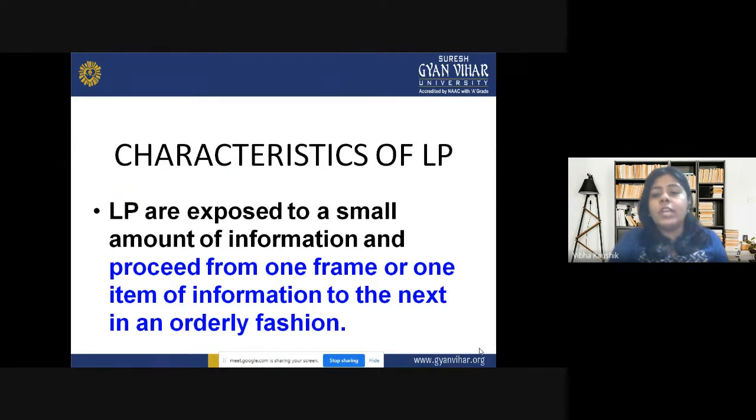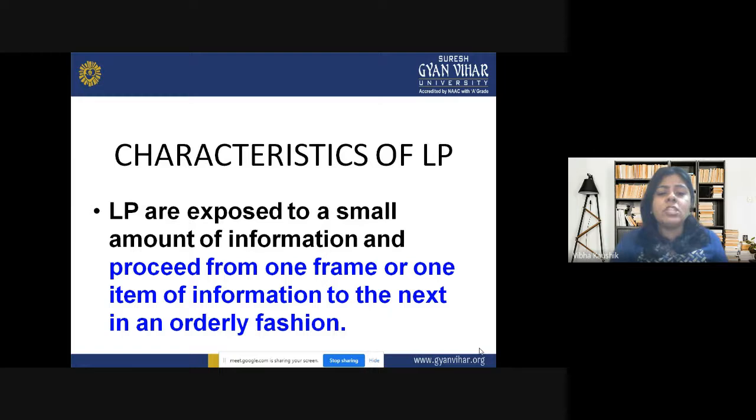Characteristics of linear programming. Learners are exposed to a small amount of information. Means when a programmer is setting a program on the basis of the linear, then that programmer has to cut the whole amount of information into small pieces or small frames.